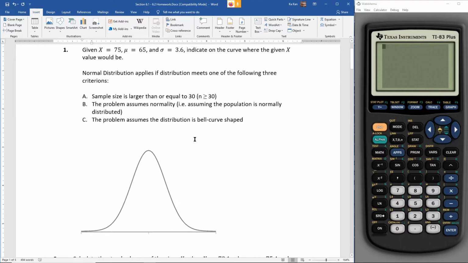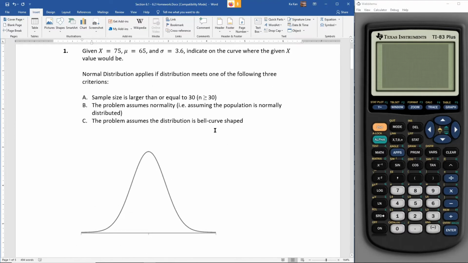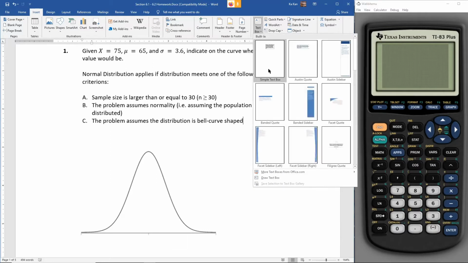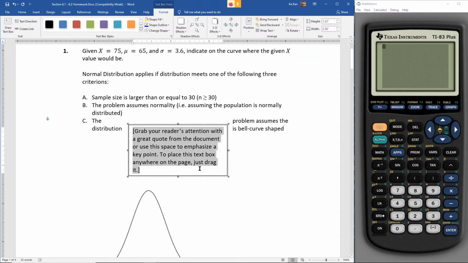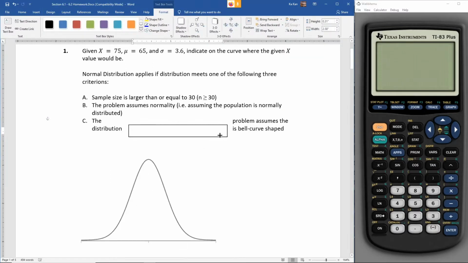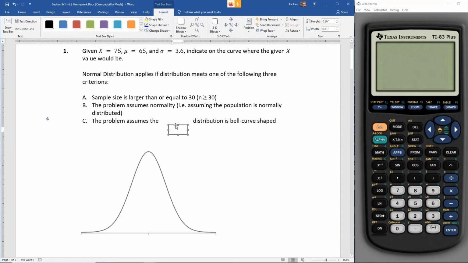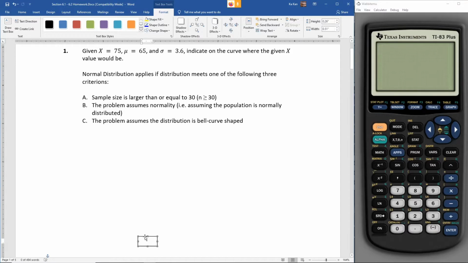So now, what is so special about this thing? The middle guy, if you recall, is always the average. So in our case, that 75 right here will be right in the middle. Let me add a text box in here, just a very small text box. So basically, this guy right in the middle is considered.